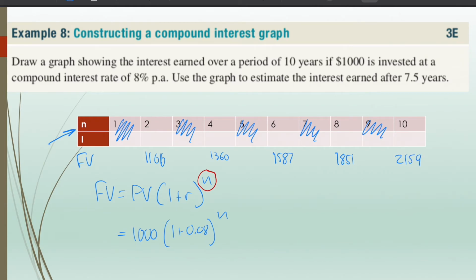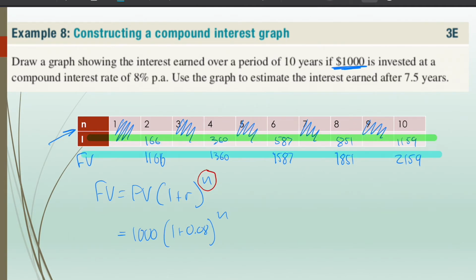Okay, so then when we take away the initial 1,000 from each of these numbers, we're left with 166, 360, 587, 851, and 1,159. So remember, this one is the interest we earned, and then this one is the total amount of money we had.